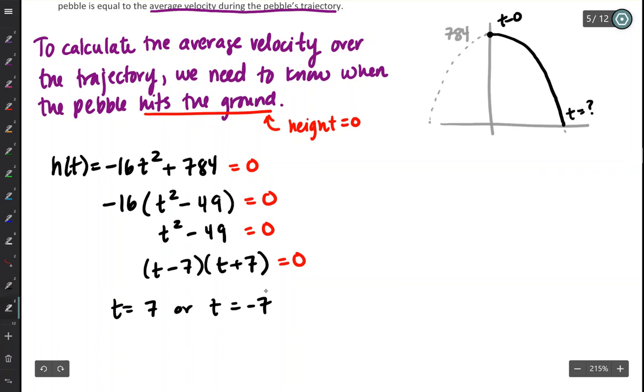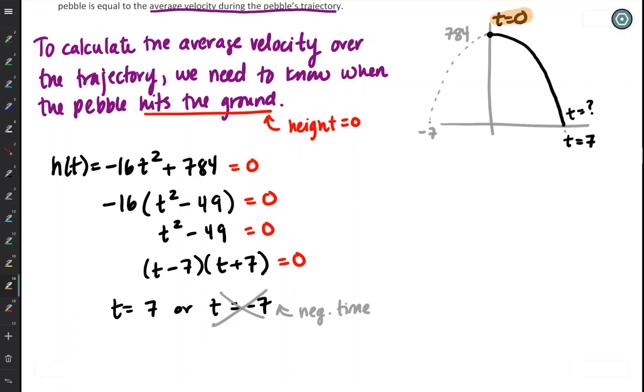And it doesn't make sense to have negative time, right? This part of the model doesn't make sense. Here we are at t equals 7. Right, so here is, that's an equal sign up there. Time 0, the pebble is up at 784 feet.